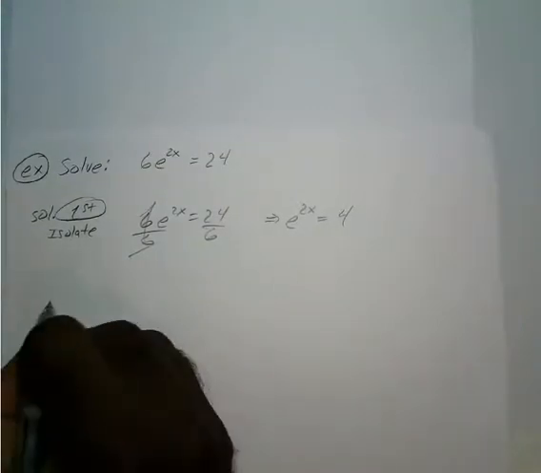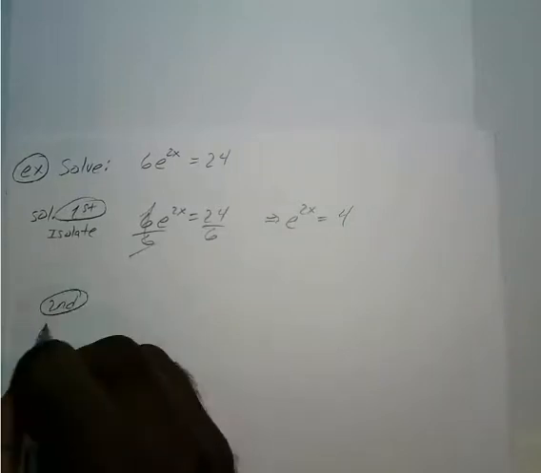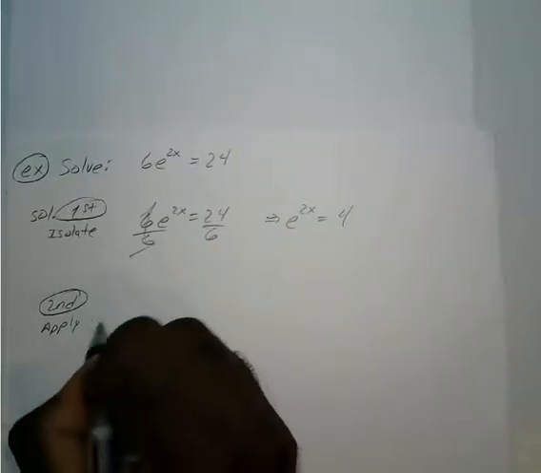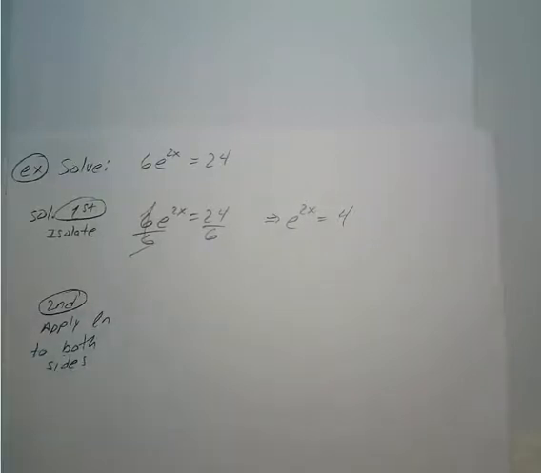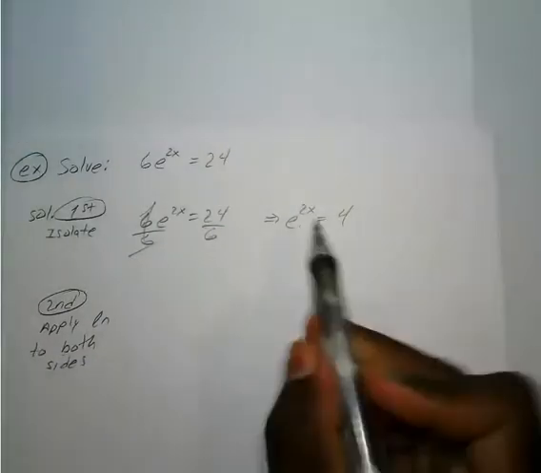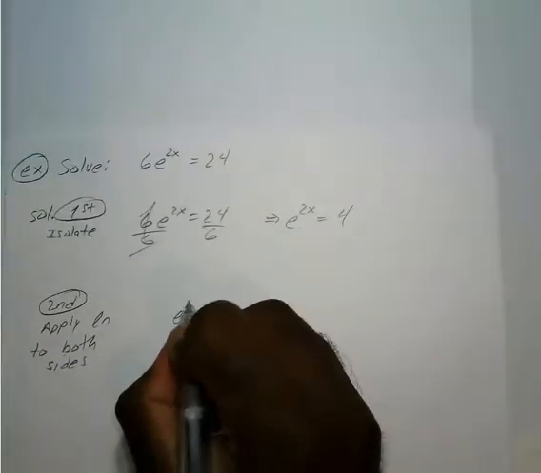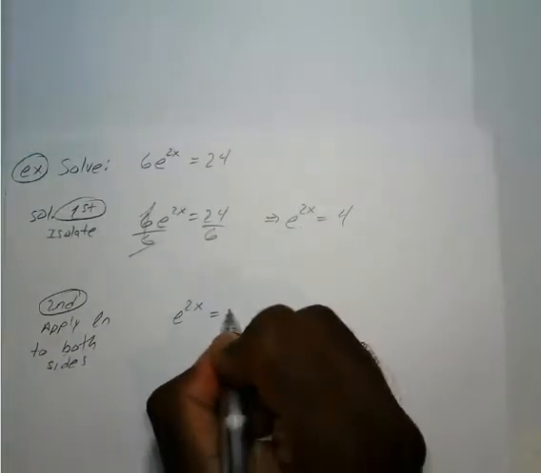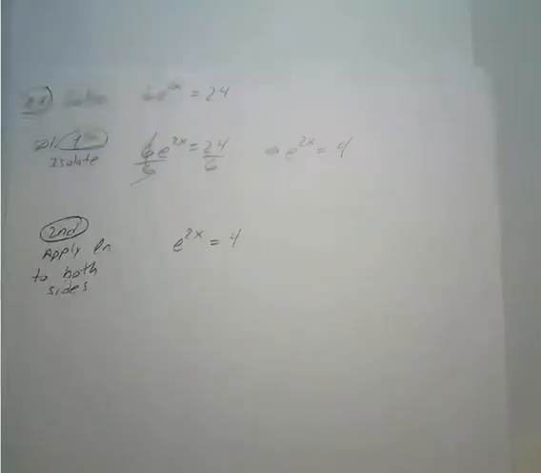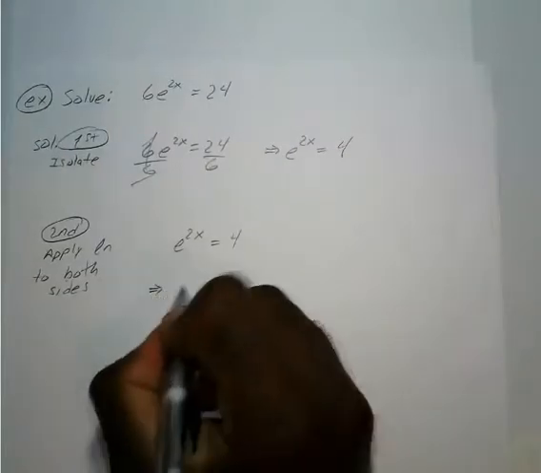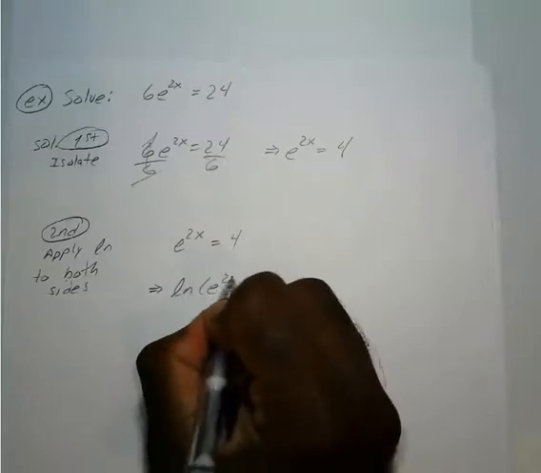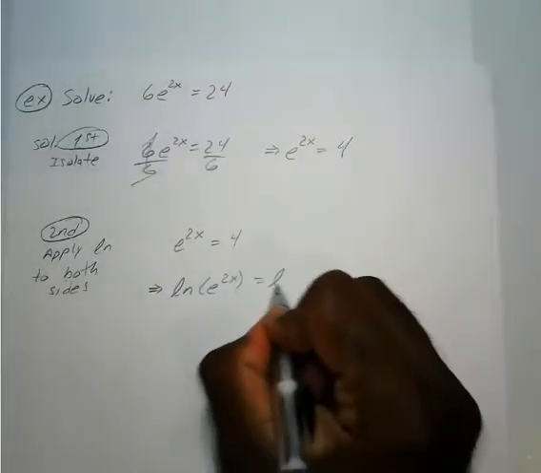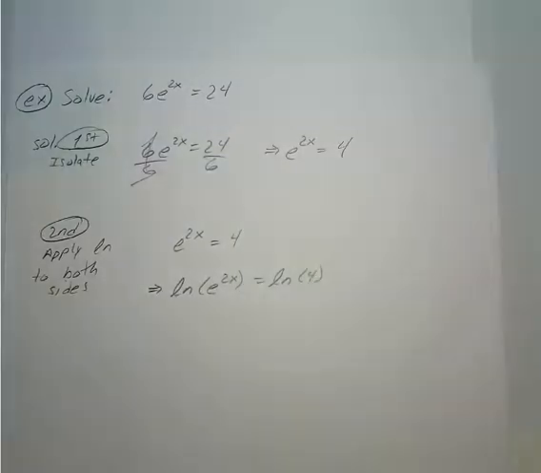Okay, so now your second step, you want to apply natural log to both sides. If we have e to the power of 2x equals 4, that means you have the natural log of e to the power of 2x equals the natural log of 4.